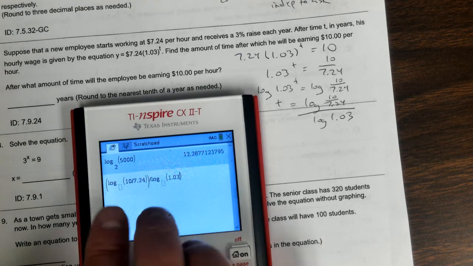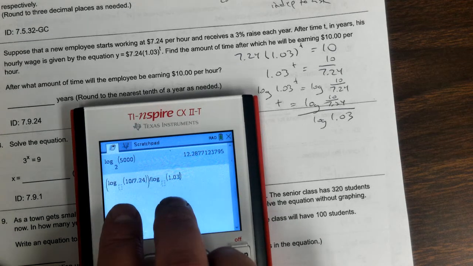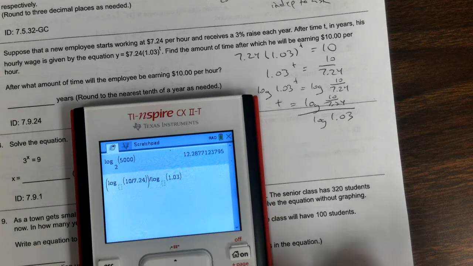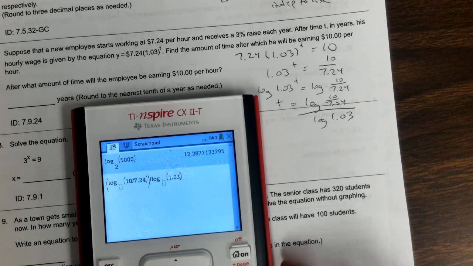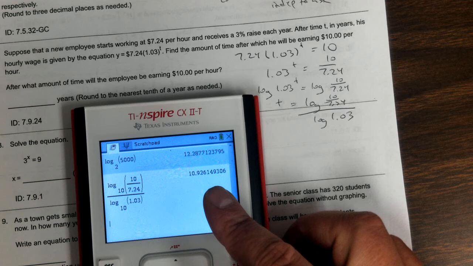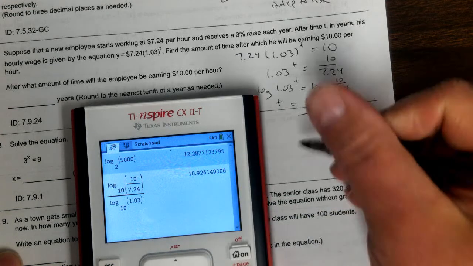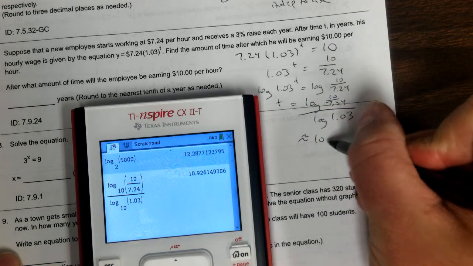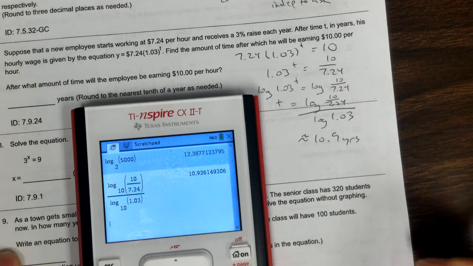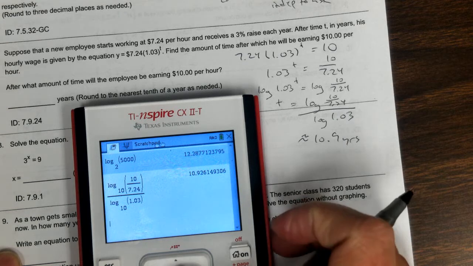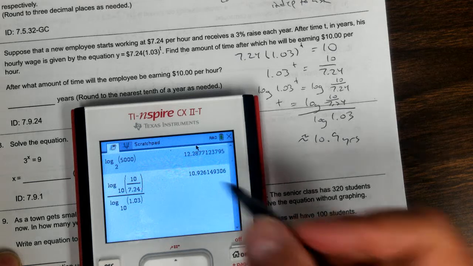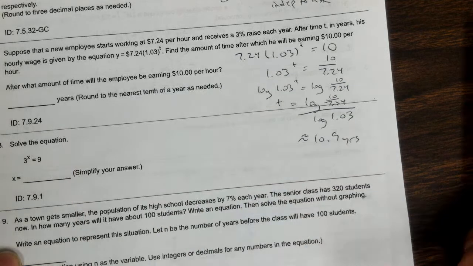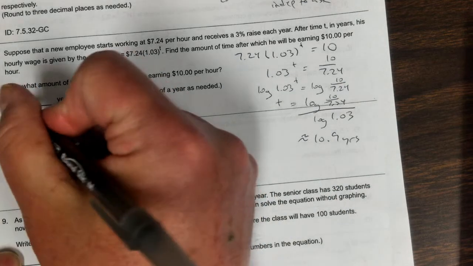You might want to fill in the tens just so you don't make a typo, but that's up to you. Okay, so I want this as a decimal, so I'm going to do Control Enter. And so when I do this, I get approximately 10.9 years. So it was 10.926, so approximately 10.9 years.